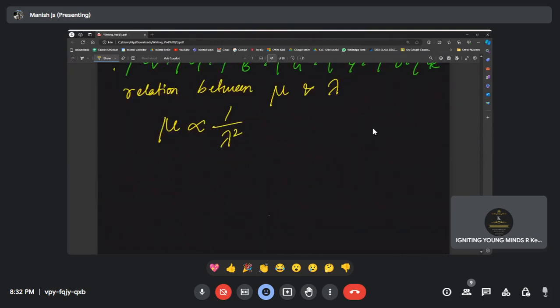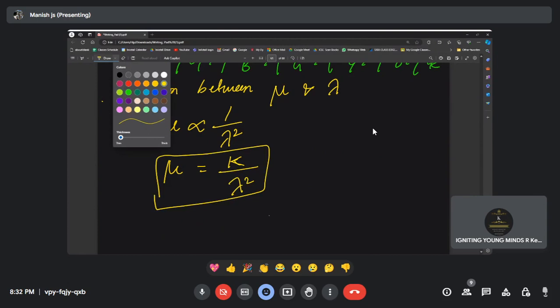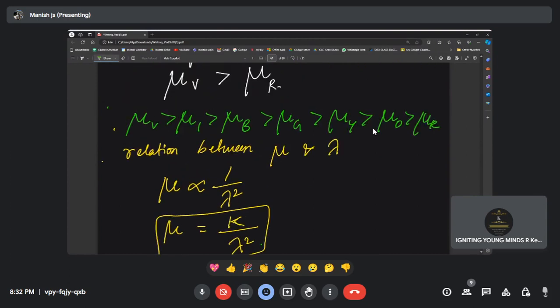I repeat, refractive index is inversely proportional to the square of wavelength. So when I remove the proportionality sign, you all know you introduce the proportionality constant. So I can write mu is equal to k upon lambda square. So that is the relationship where k is a constant. Okay, so proportionality constant. So this is the relation.